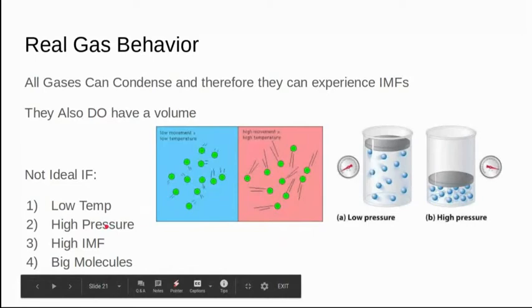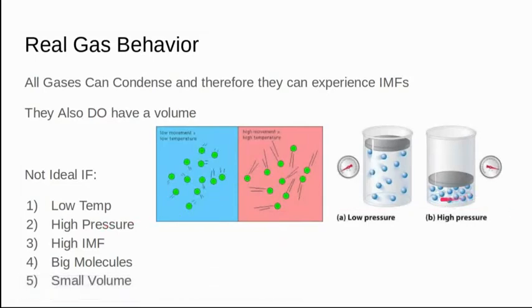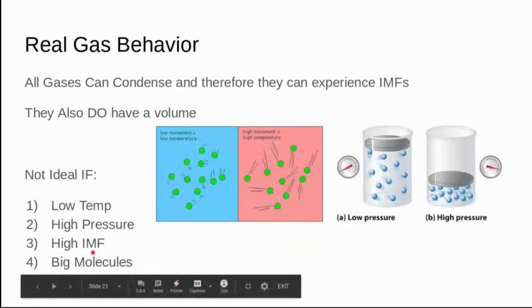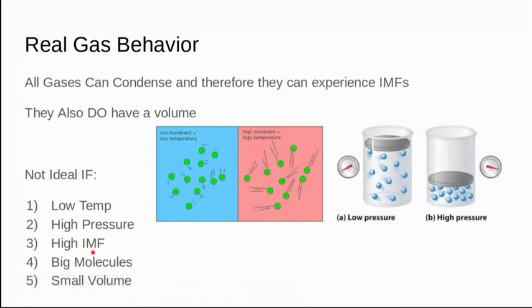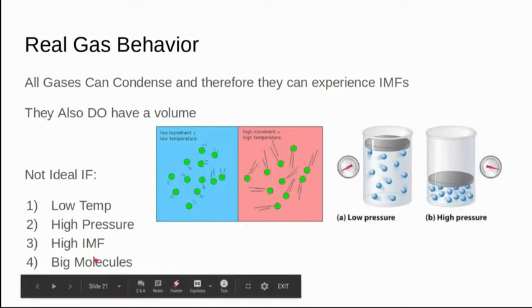High pressure. If you have a high pressure and also low volume, the particles are going to be forced to be closer to each other and they're going to be hitting each other more often, so those intermolecular forces are going to come in. If you have strong IMFs, like hydrogen bonding, those particles are going to be attracted to each other. Or if you have really big molecules, those particles are going to be attracted to each other.